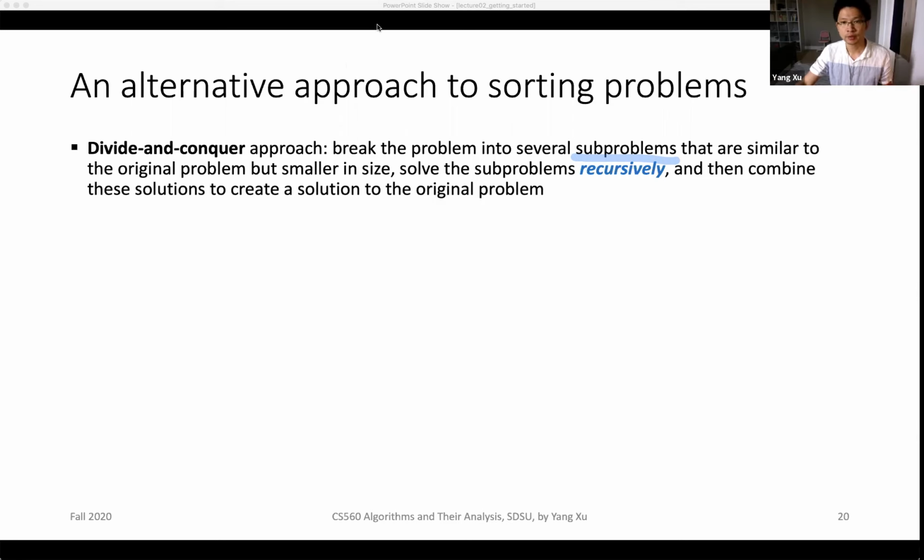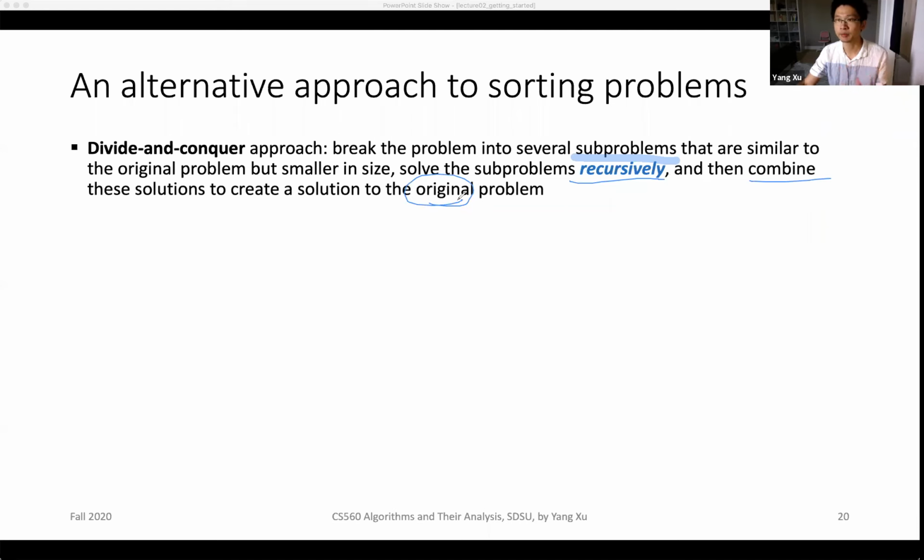After breaking them into smaller sub-problems, we solve them in a recursive style. And after all the sub-problems are solved, what we need to do is to combine these solutions, so we create a solution to the original problem.